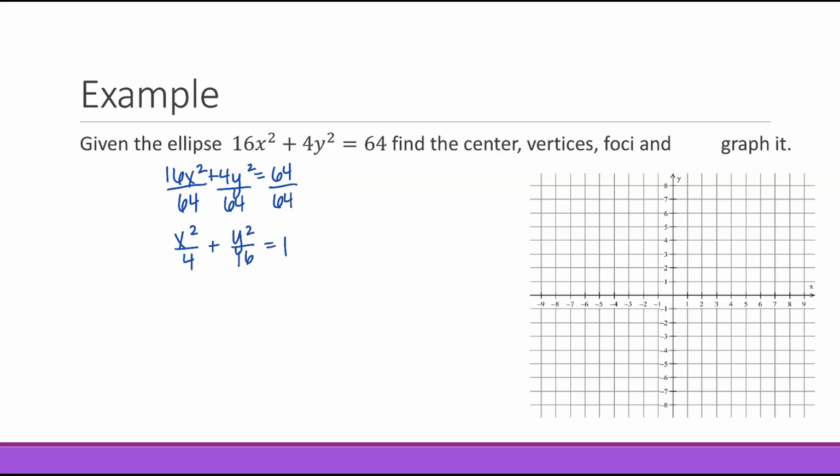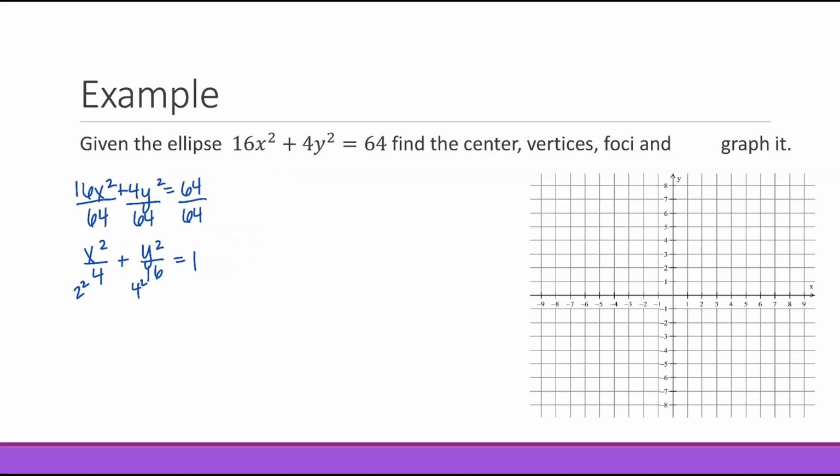And then we have y squared over 16, 4 over 64, equals 1. So we can rewrite the denominators as 2 squared and 4 squared. They don't always have to be perfect squares, but in this case they are, because we can always take any number and write it as the square root squared. But in this case we have 2 squared and 4 squared. And so now we can go ahead and start finding all of our pieces and graphing.